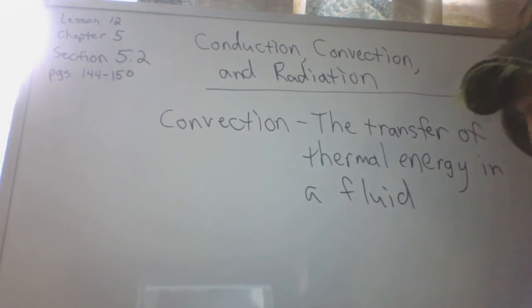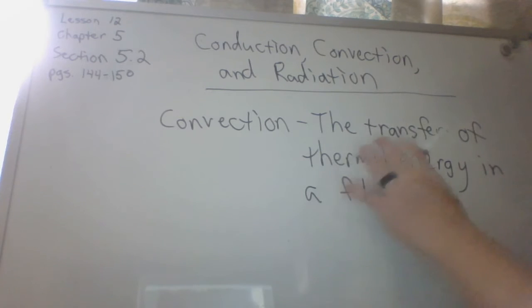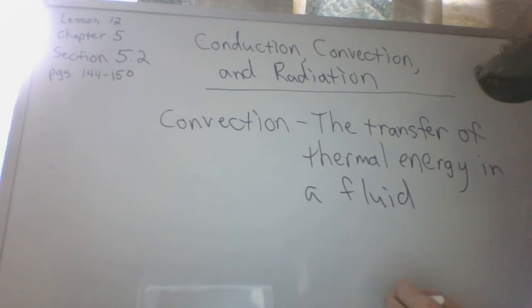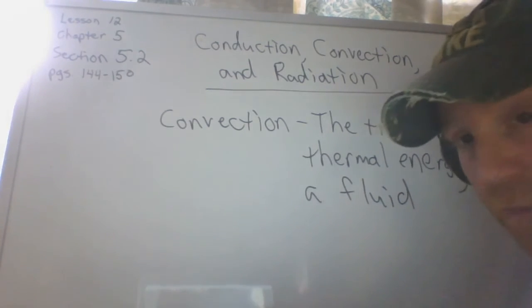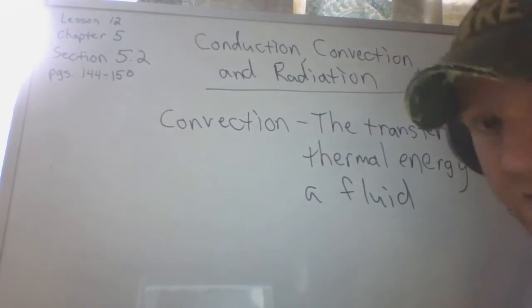So how does thermal energy get transferred through convection? The particles are going to slide past one another, and there's usually a difference in temperature between the two different fluids. So we have what's called a convection current. Think about air. You have cold air, which settles to the bottom in any area because it's more dense than warm air.